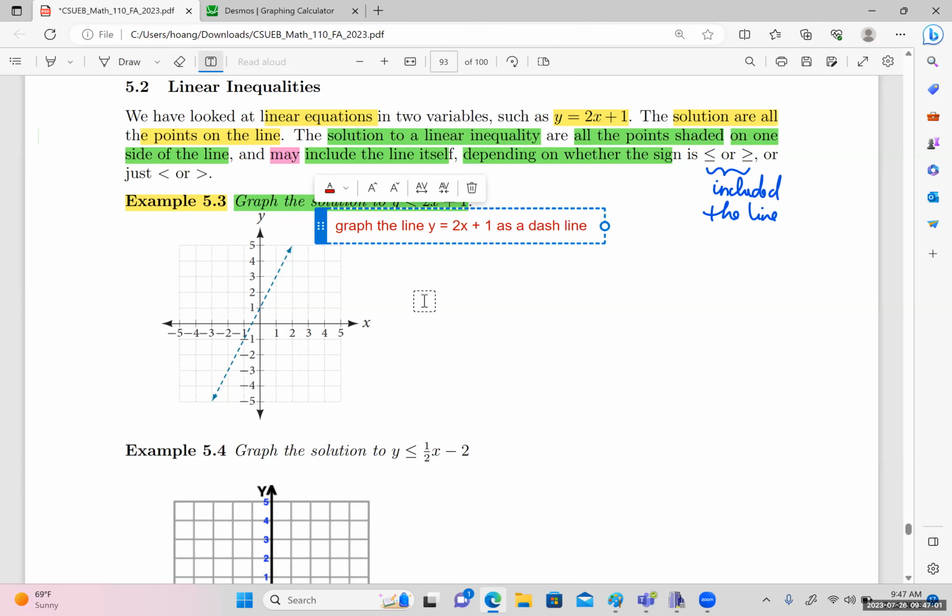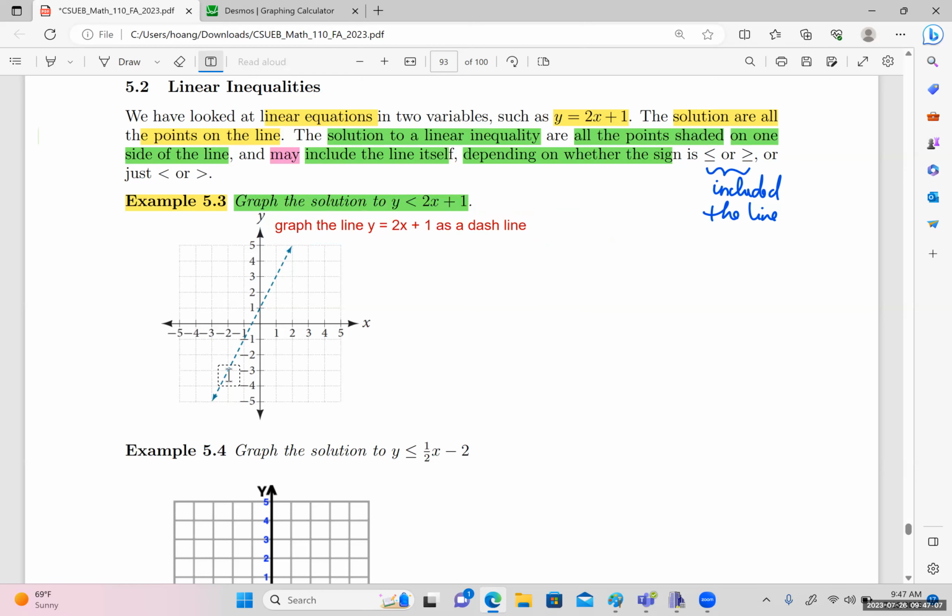And you see over here, I did have it as a dashed line here, right? How to graph y equal to 2x plus 1?